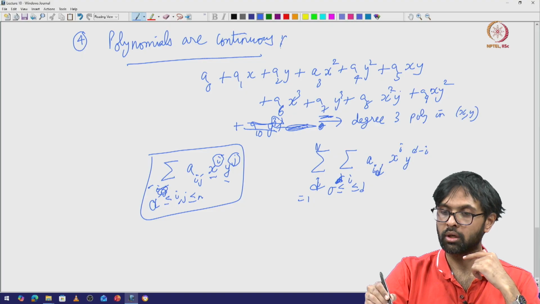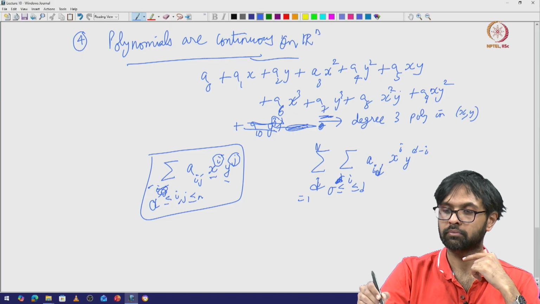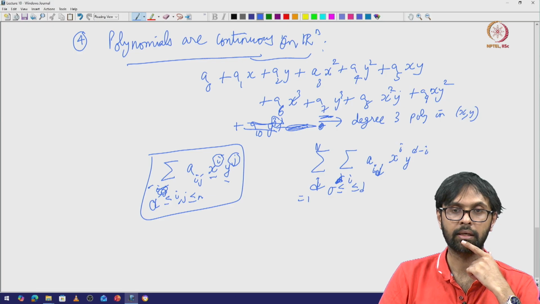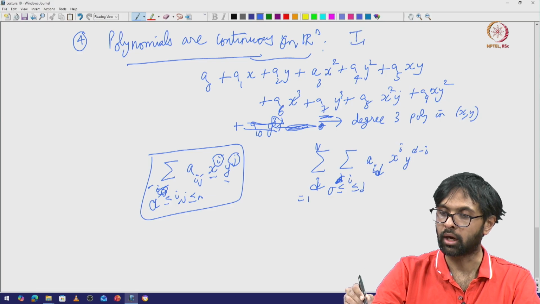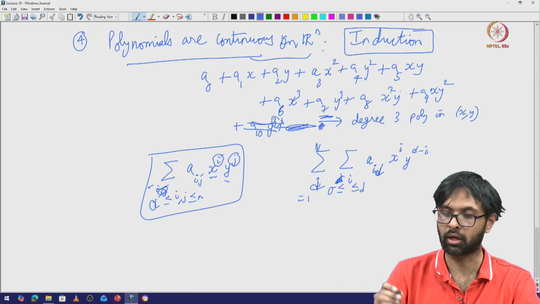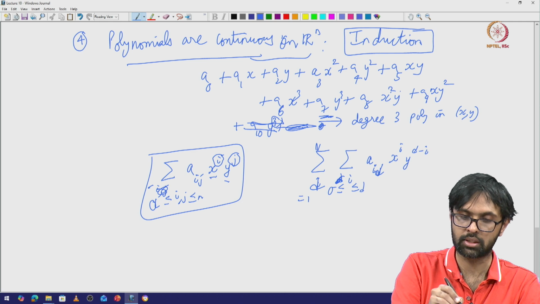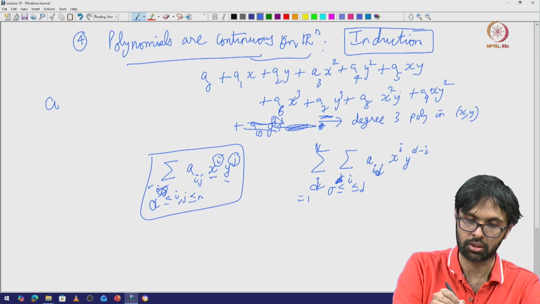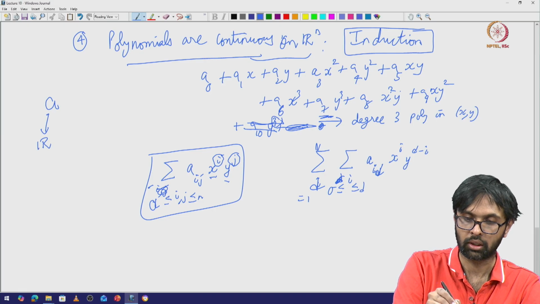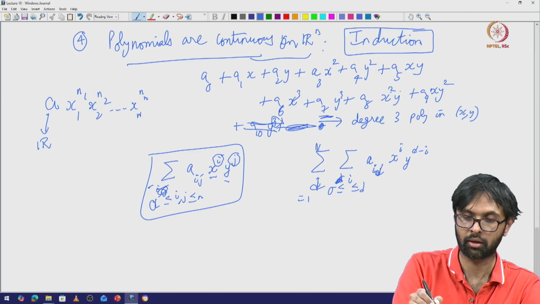Why are polynomials continuous on all of R^n? This is by induction on various things. First of all, suppose I take some real number times x1 raised to some power, x2 raised to some power, and so on up to xn raised to some power.